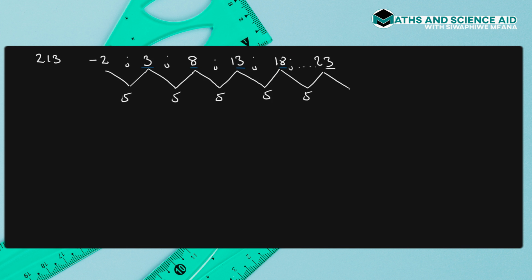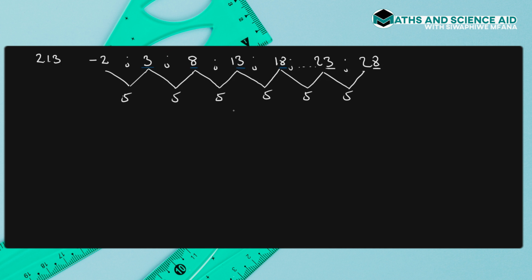And what is the next term going to be? 28, right? Because 23 plus 5 is 28. And it's ending with what? With 8. So all of these terms here either end with 3 and 8, 3 and 8.